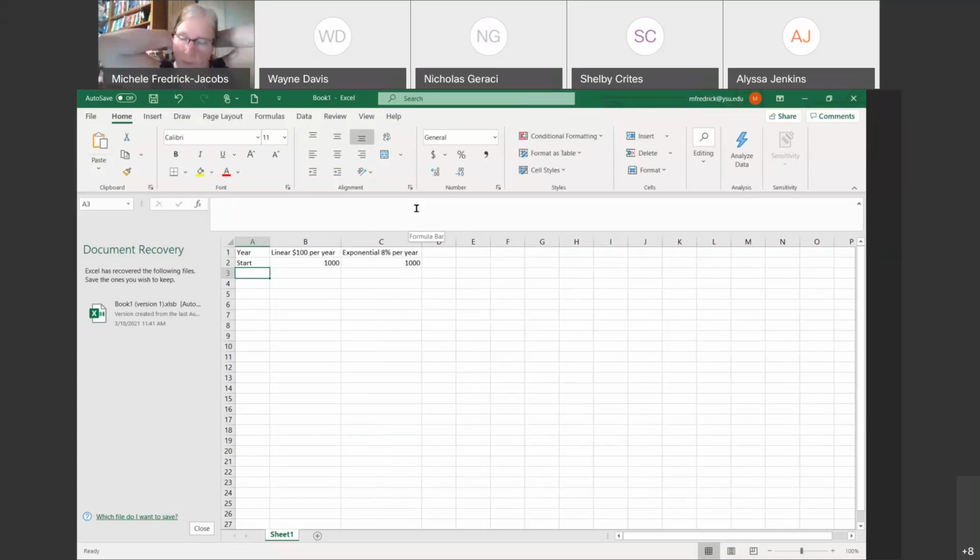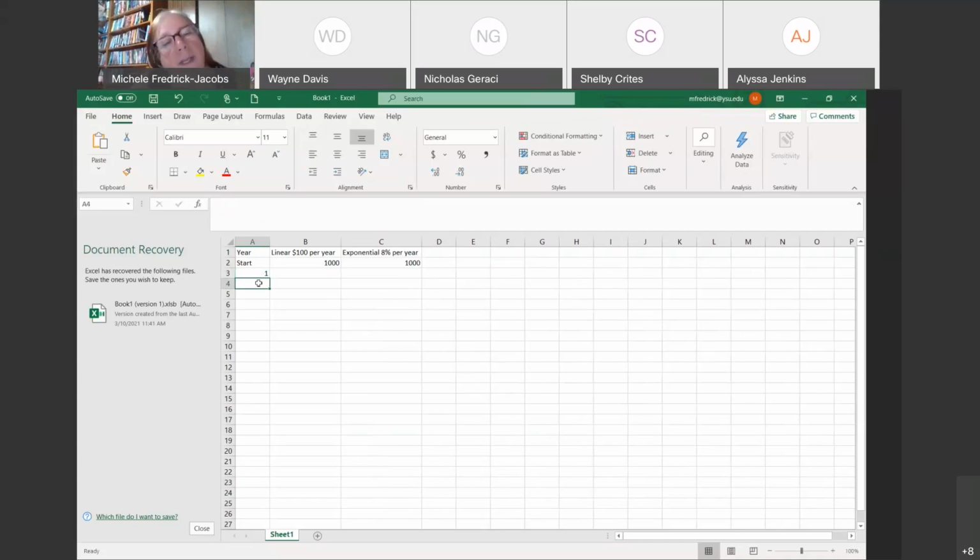Now, if we want to do it for 12 years, because in our example, we only did 4 years. We want to do it for 12, then this needs to go 1, 2, 3, 4, 5, 6, 7, all the way down to 12. But you can make formulas. So put the 1 in here.